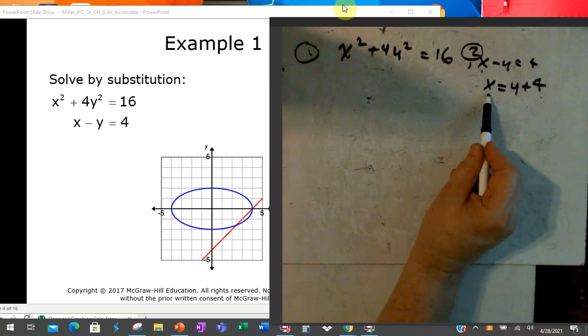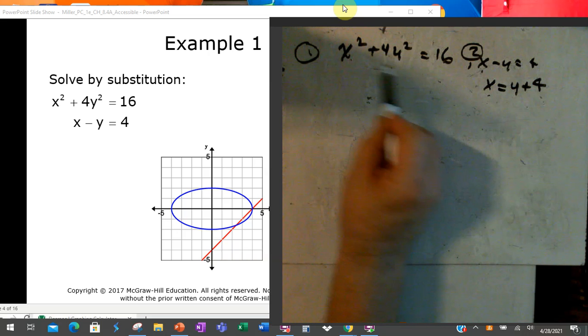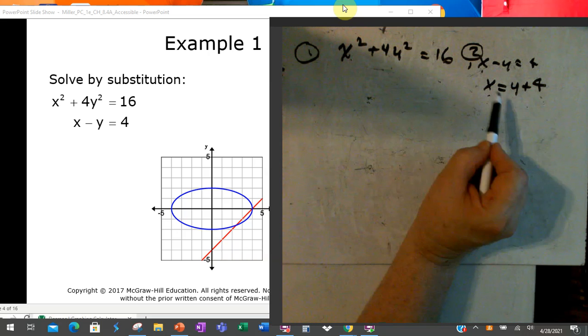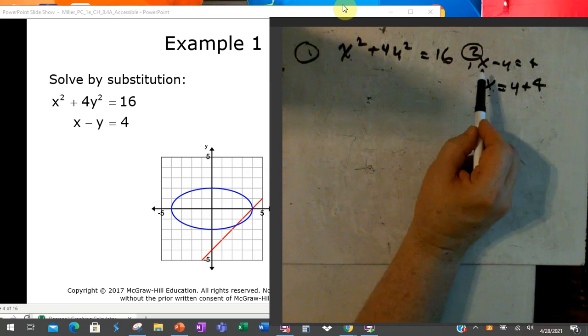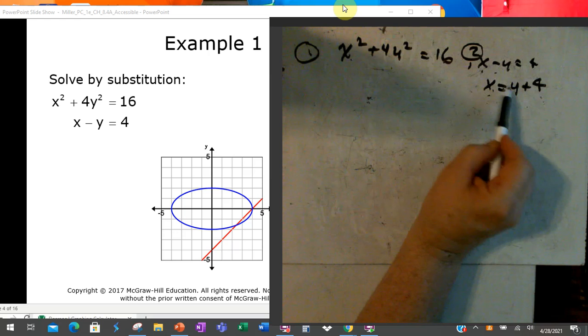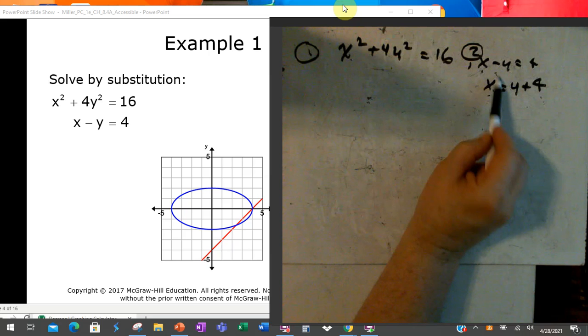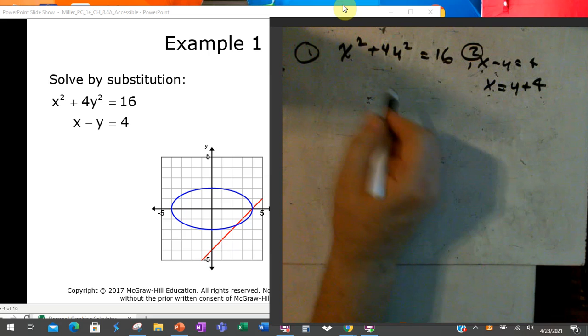I solve for one of the variables, and then I'm going to put it into the other one. I can't put it back in here. That gets me nowhere. That would give me y plus 4 minus y, the y's go out, 4 is equal to 4. It's an identity. So I'm going to put this into here.